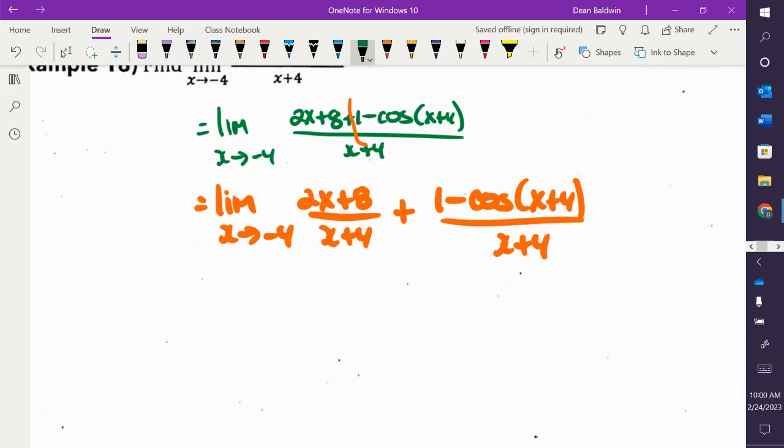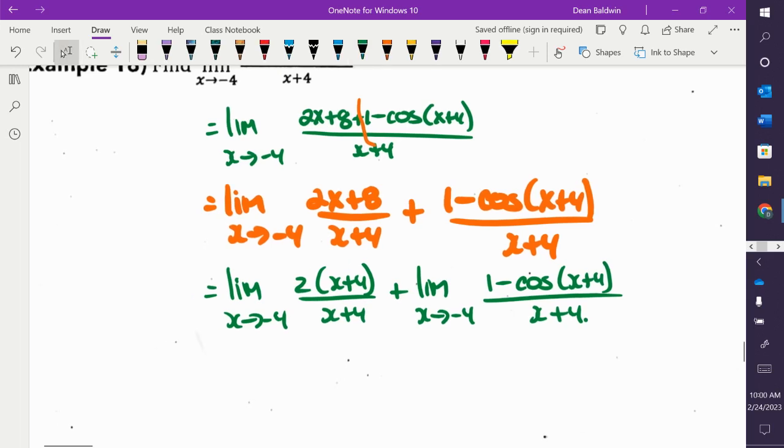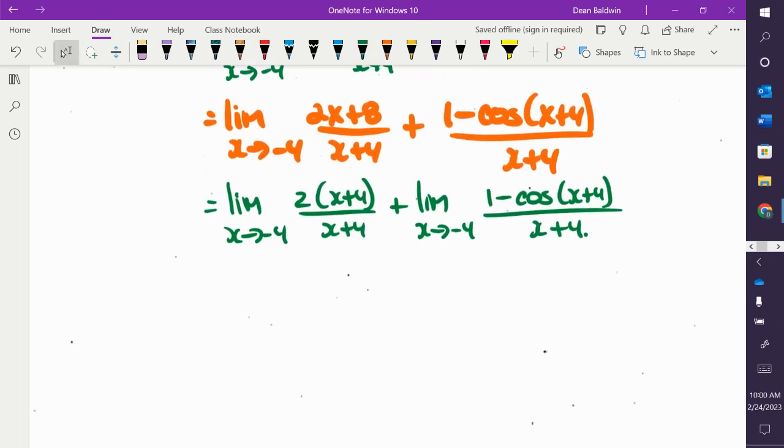For the first part, 2x plus 8, what do I want to do? Factor 2 out. So I get the limit as x goes to -4 of 2 times x plus 4, plus, I'm going to rewrite this as the limit as x goes to -4. Remember, you have to write limit every time. Why did I make it into 2 limits?